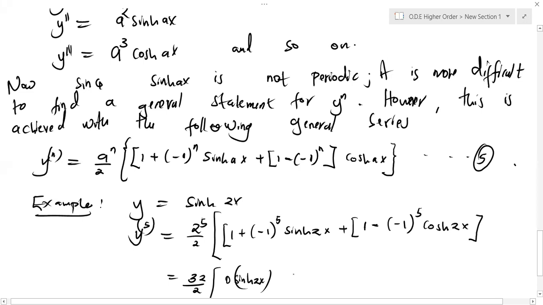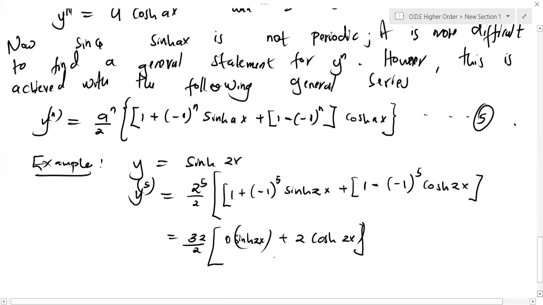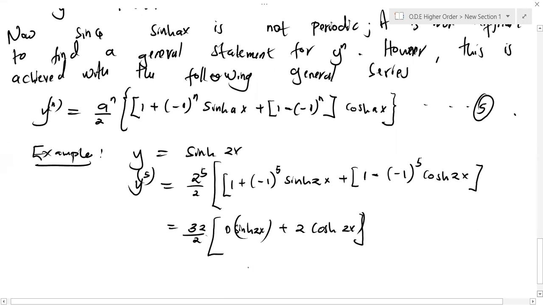And then on this other side, 1 minus minus, so that will be plus 2. And then cos 2x. Okay, so this simplifies to, this is 0, 32, 2. So this will be 32 cos hyperbolic of 2x. 32 cos hyperbolic of 2x.